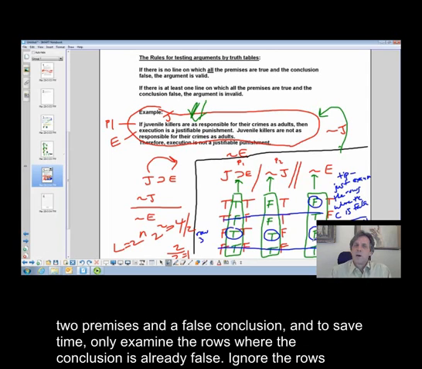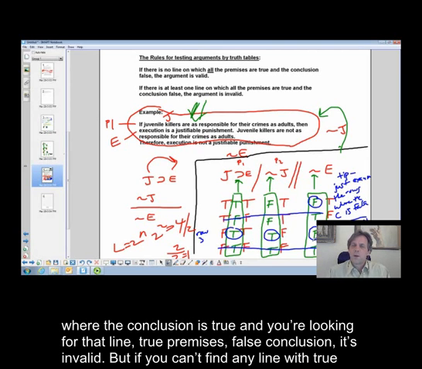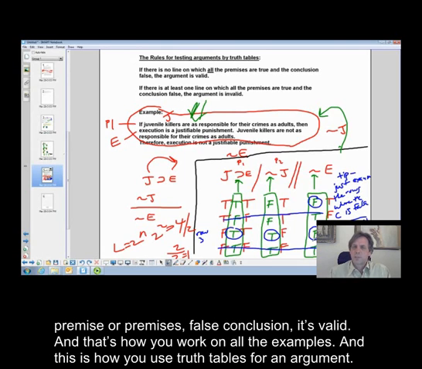To save time, only examine the rows where the conclusion is already false. Ignore the rows where the conclusion is true. If you find that line, true premises, false conclusion, it's invalid. But if you can't find any line with true premise or premises and a false conclusion, it's valid.